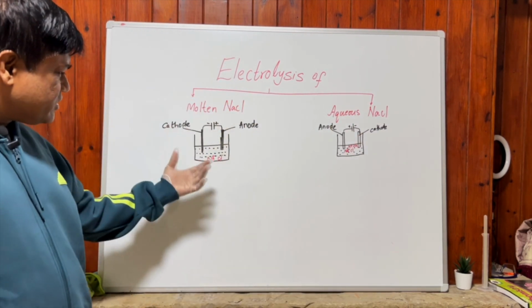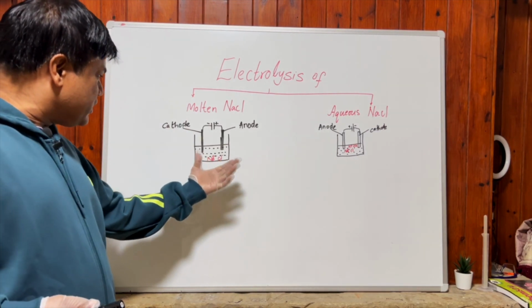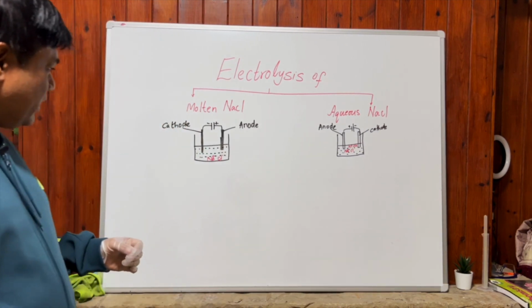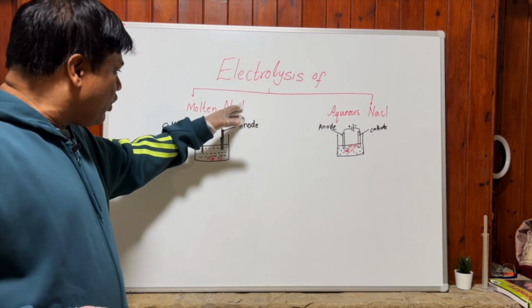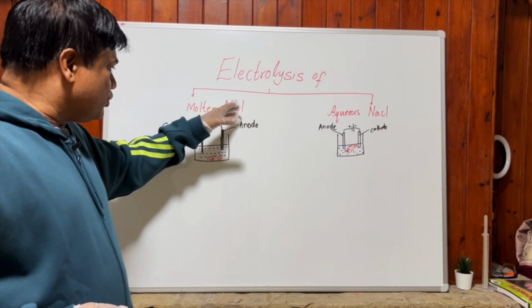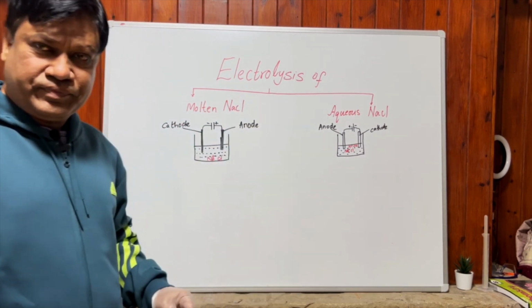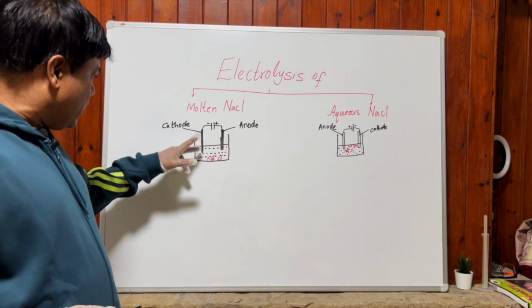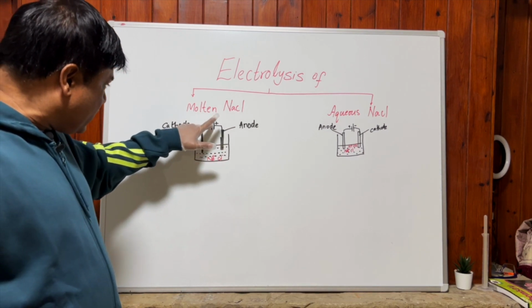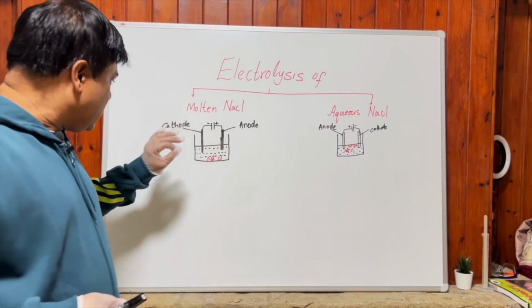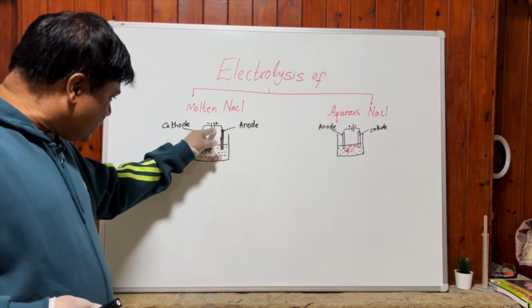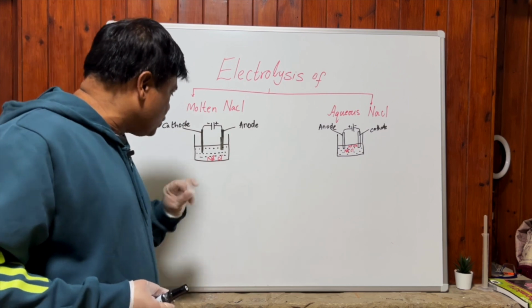When you pass electricity through a solution, mostly an ionic compound, it breaks the ionic compound into its ions, and the ions move to the respective electrodes. The electrode connected to the negative terminal of the battery is called the cathode, and the electrode connected to the positive terminal of the battery is called the anode.